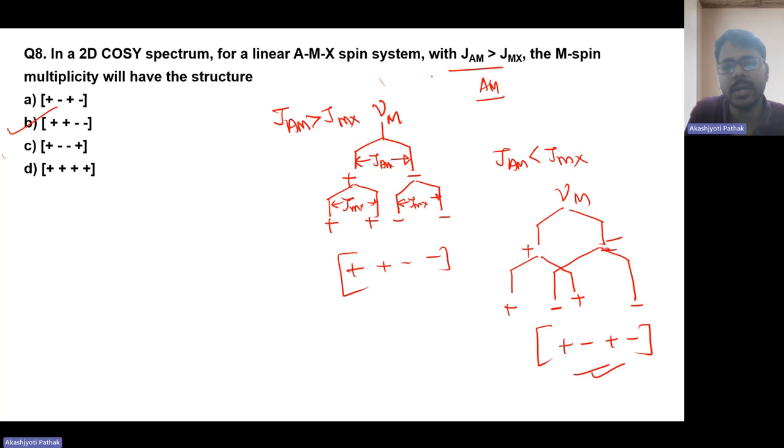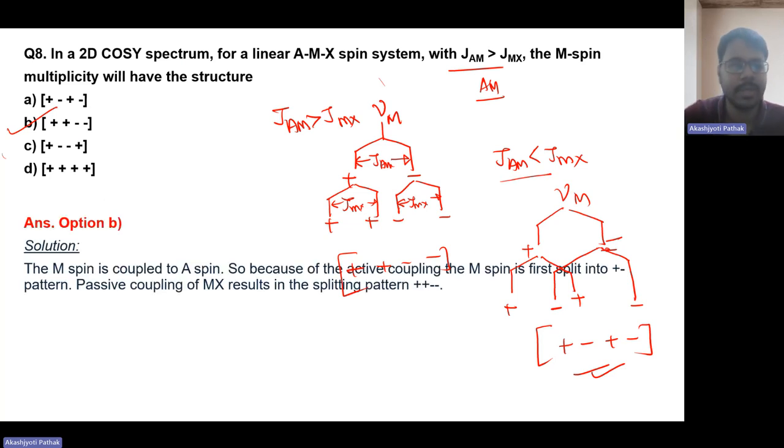So in the question, you have been asked to find out the M spin multiplicity pattern if JAM is greater than JMX. So the correct answer is option B. If this were the question, then the correct answer would be option A, plus minus plus minus. Okay. So the M spin is coupled to the A spin. Because of the active coupling, the M spin is first split into a plus minus pattern.